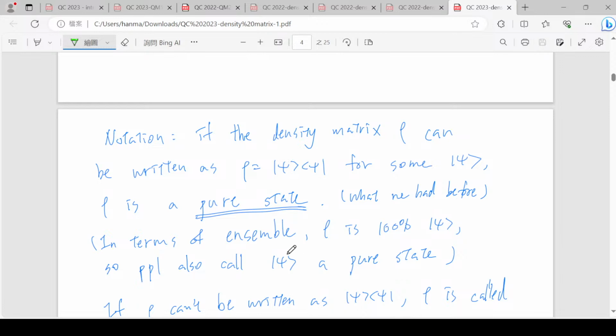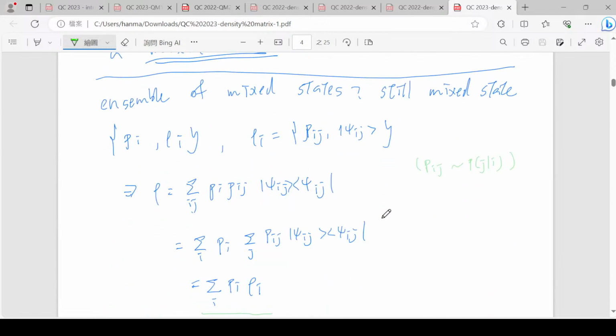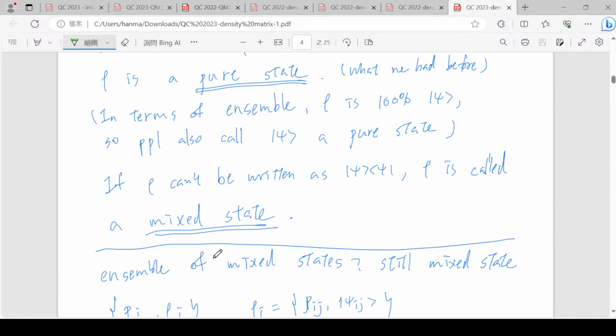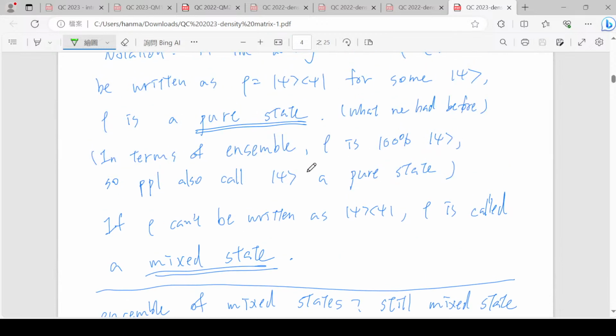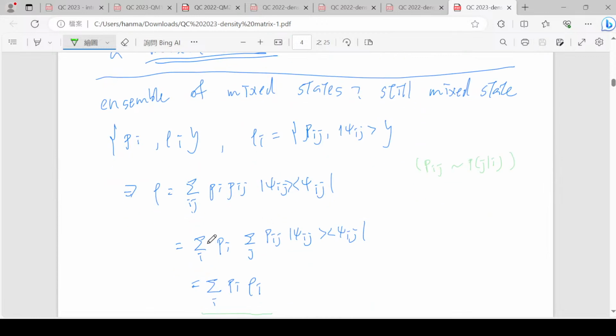Although mathematically they are very different objects, so sometimes it's a little confusing, but I think this is an okay abuse of notation. Anyway, this is a pure state and a mixed state. This is some notation you should remember.